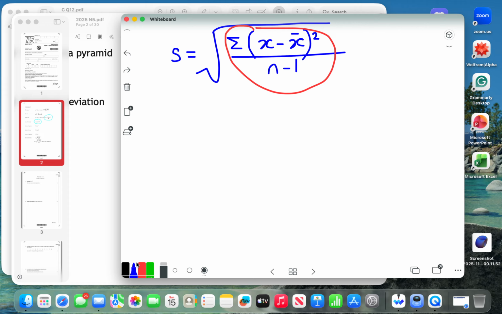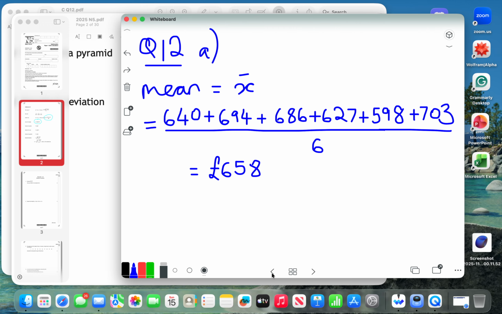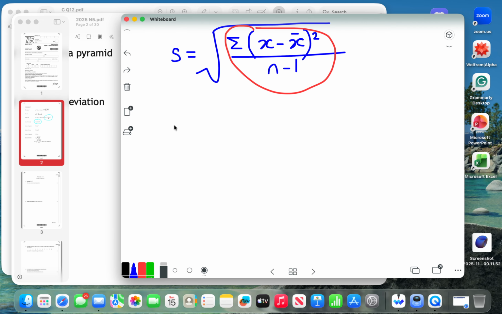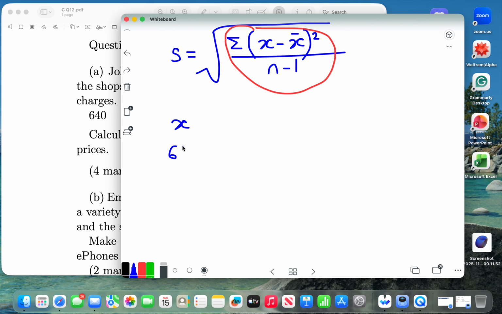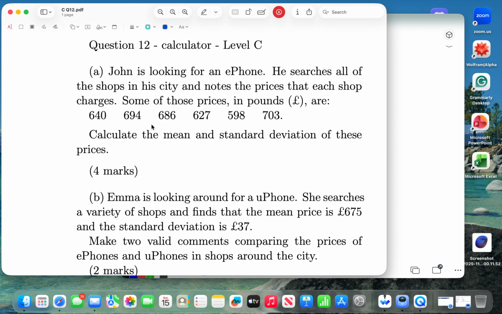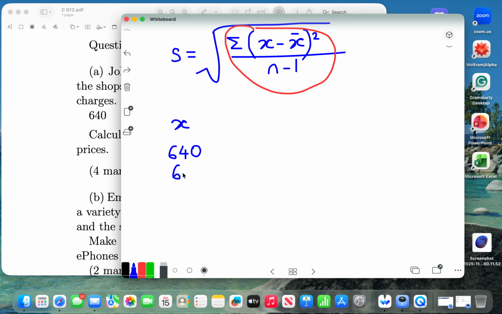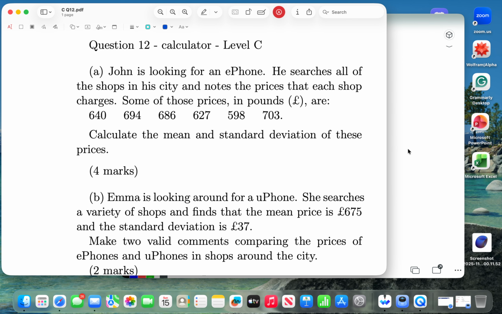So what does x minus x bar mean? Now, x in each case is each value, and x bar is fixed. x bar is 658. So if we make a table and we want to write down all of the values of x, we have 640, 694, 686, 627, 598, and 703.